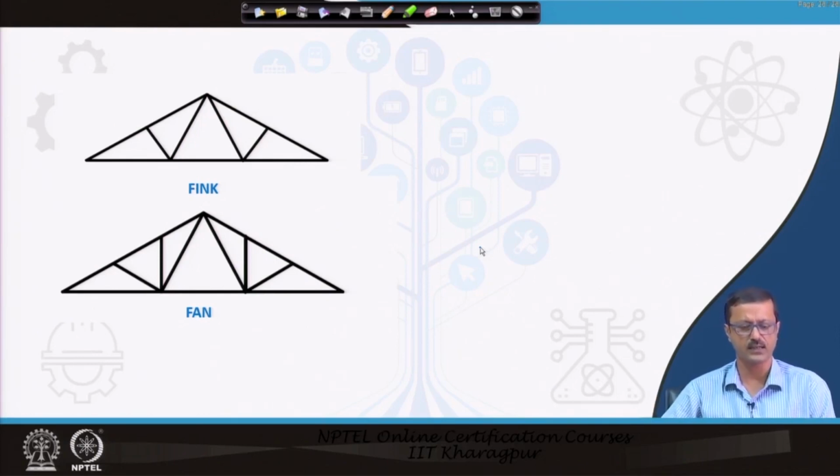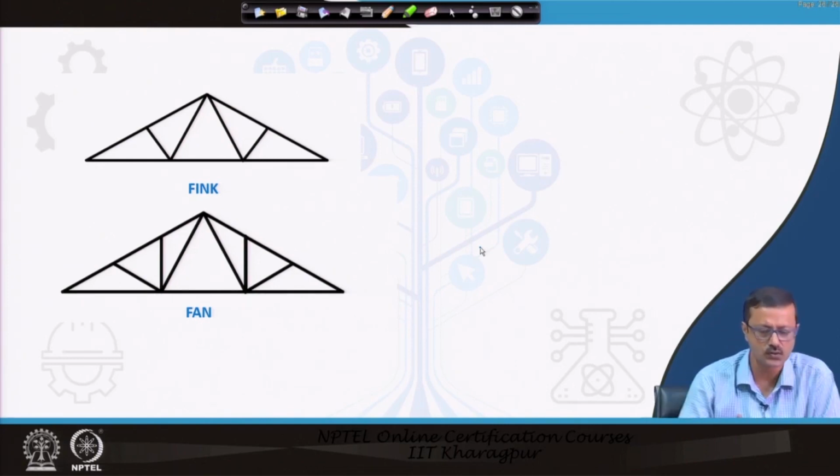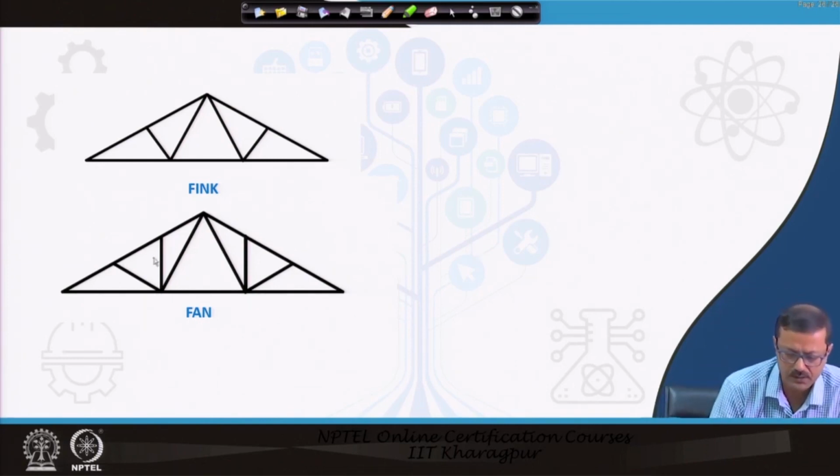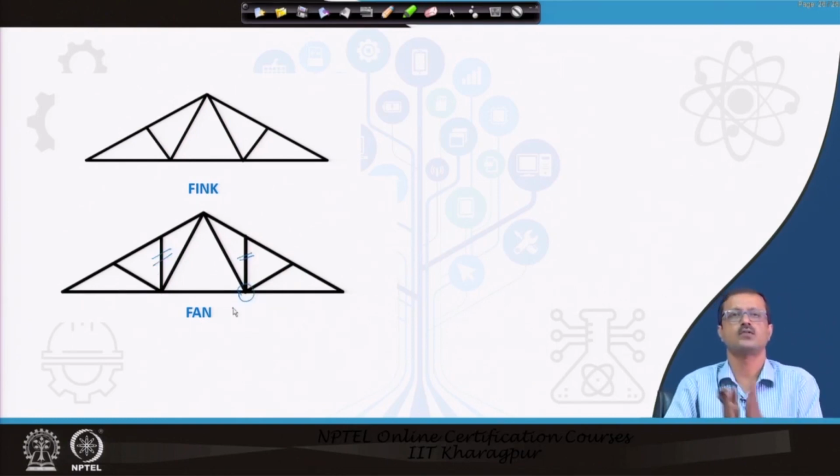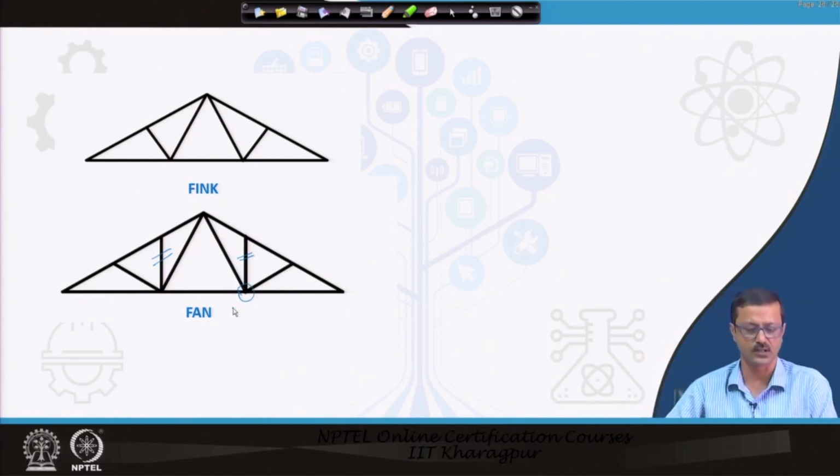You see, the fink and the fan are almost the same, only in the fan extra vertical members are introduced, and it is called fan because from this point the three members are diverging.